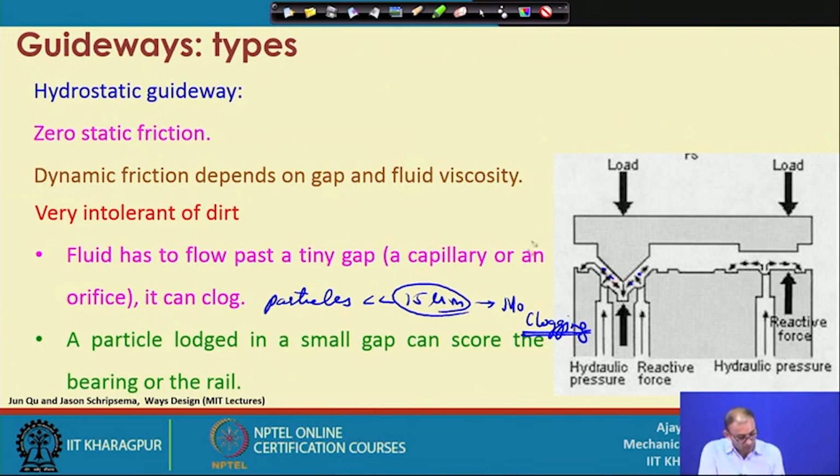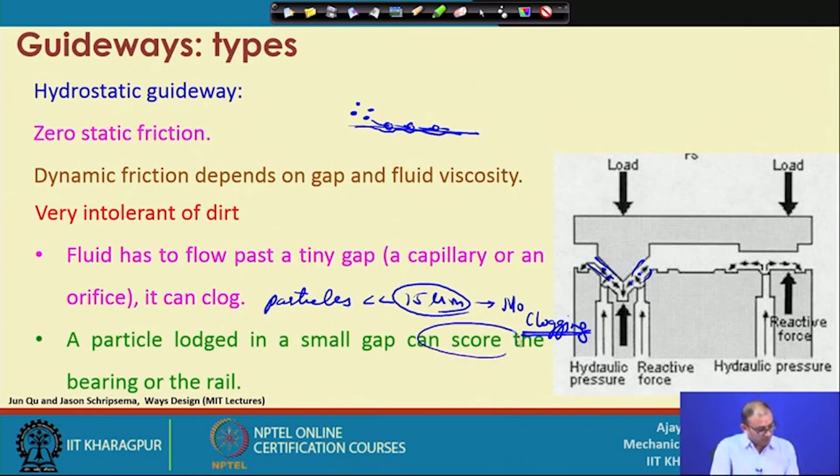we know that this whole thing is a closed loop circuit. So, this particle may again come into contact with these surfaces, and one or more particles rub against this surface. Not in a short duration, but after a long period of usage, the surface may get deformed or removed by abrasion wear, and because of that there is scoring of the rail.